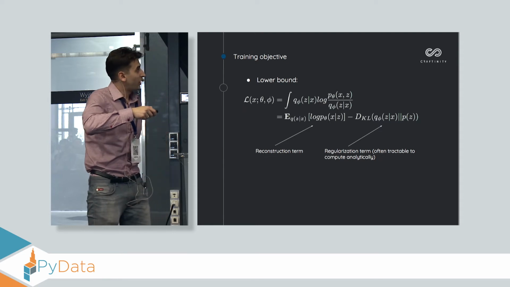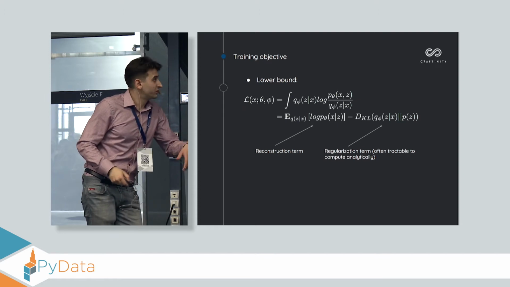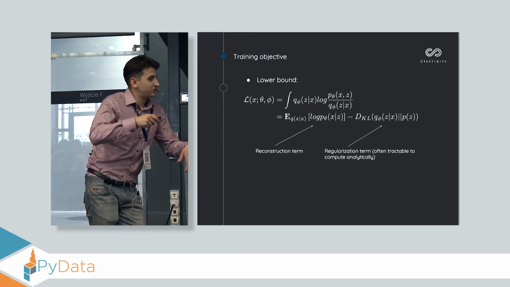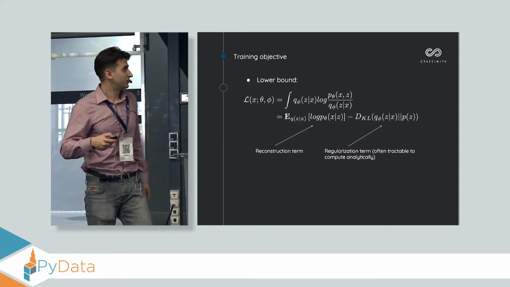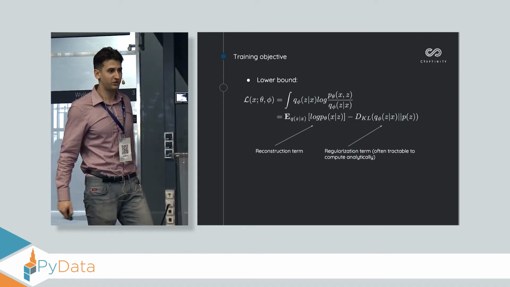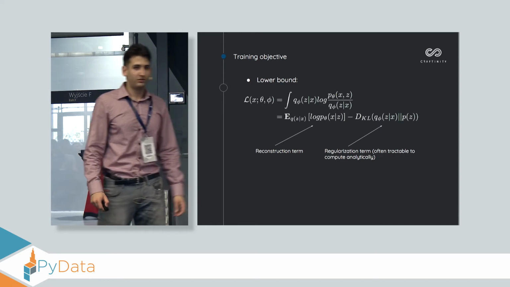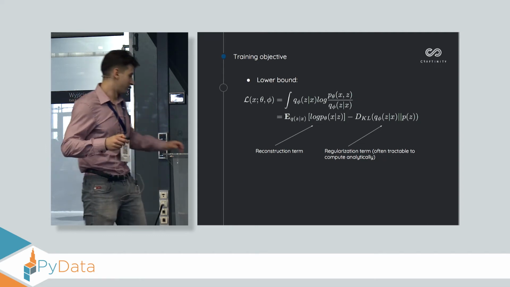The reconstruction term is called that because the model, both encoder and decoder, has to do a good job of reconstructing the data: for a given X, when we compute the latent code Z, the generative distribution has to assign a relatively high probability that X was generated from Z. If you know the denoising autoencoder's training procedure, it is similar, because the objective is just the minimization of the reconstruction term.